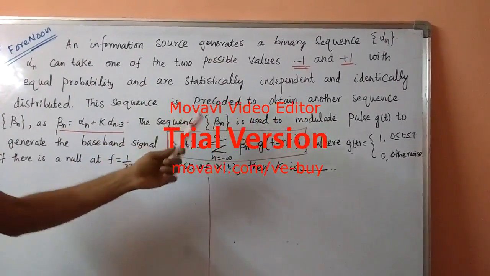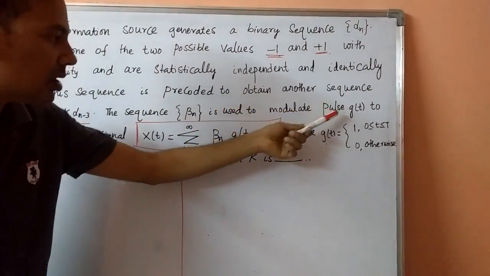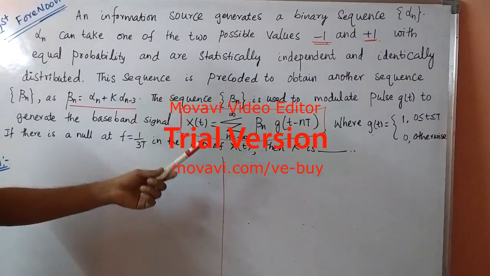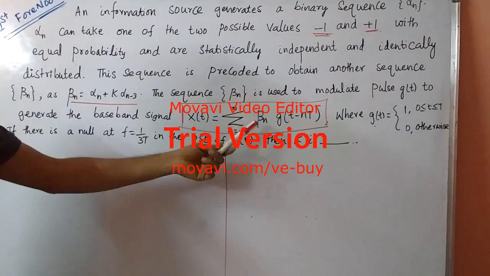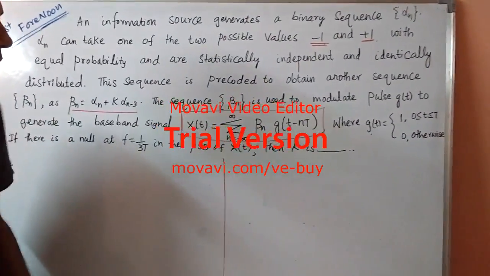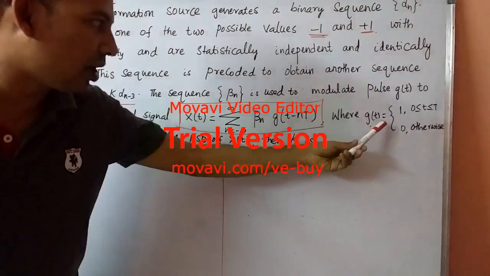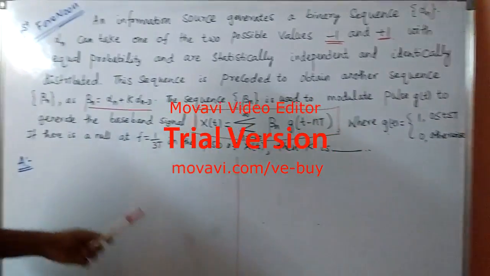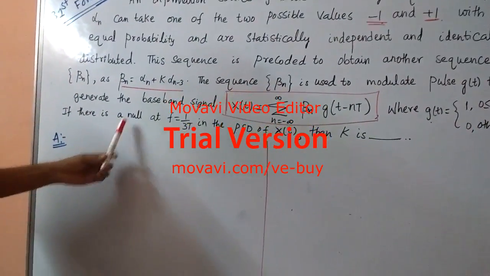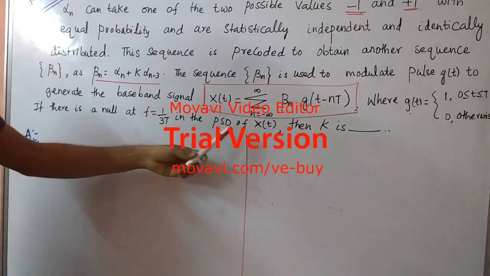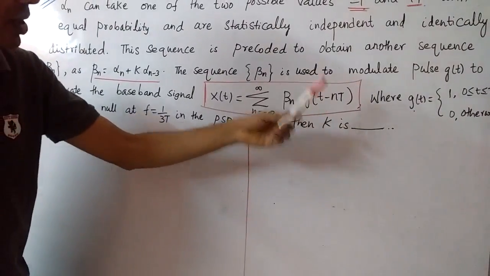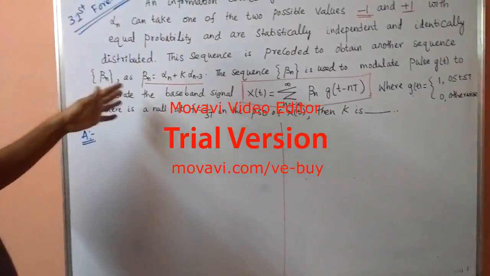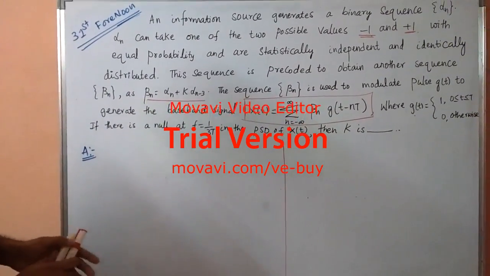The sequence beta n is used to modulate pulse g of t to generate the baseband signal capital X of t, summation n equal to minus infinity to infinity of beta n into g of t minus nT, where the pulse g of t equals 1 over 0 to capital T and 0 otherwise. If there is a null at f equal to 1 by 3T in the PSD of capital X of t, then capital K is. This is one of the fantastic questions that was given in GATE 2006.